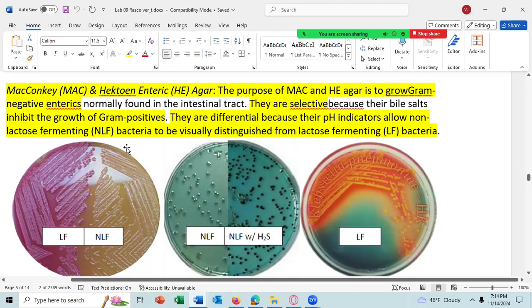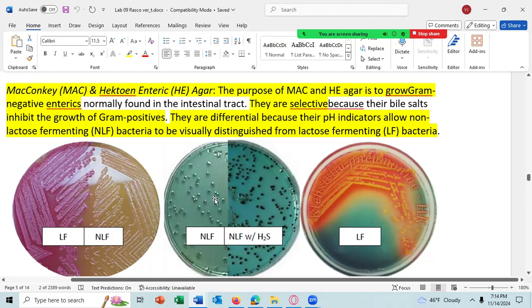On an HE plate, if you have growth, then it is gram negative. No growth on the plate, it is gram positive. If the bacteria can ferment the sugar lactose, it will be a salmon colored, let's say yellow-orange color. If the bacteria cannot ferment the sugar lactose, the bacteria will be its normal color, which is either off-white or white.